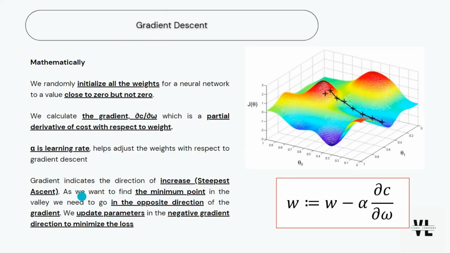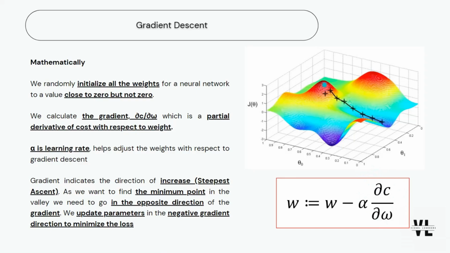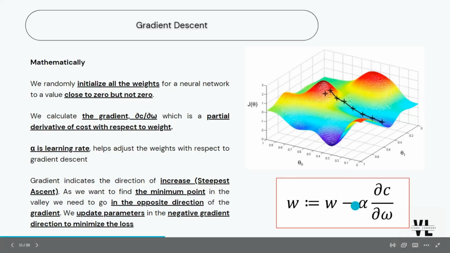But as we want to find the minimum point in the valley, we need to go in the opposite direction of the gradient. The gradients that we compute here are basically finding the highest point in our graph, but the purpose of machine learning algorithms is to minimize the cost function and find the lowest point. That's why we're moving in the negative direction and use the minus sign each time we update the weights. We update the parameters in the negative gradient direction to minimize the loss.